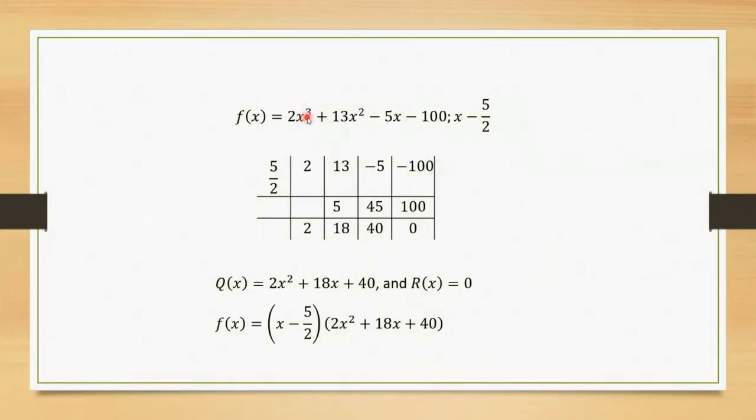The quotient is degree 2, because this is degree 3. So we have that the quotient is 2x squared plus 18x plus 40. Again, the quotient is degree 2, 1 less than the degree of the dividend. The remainder is 0, as you can see.